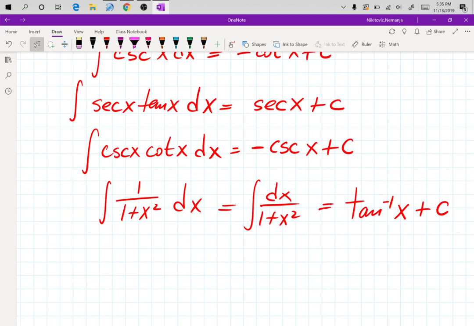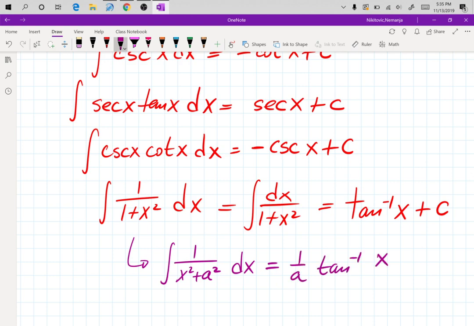Now, in many places, this integral will be a little bit different. They would say 1 over a squared plus x squared, or x squared plus a squared, you can put them in any order, dx. And that's going to be 1 over a times inverse tangent of x over a, plus c.